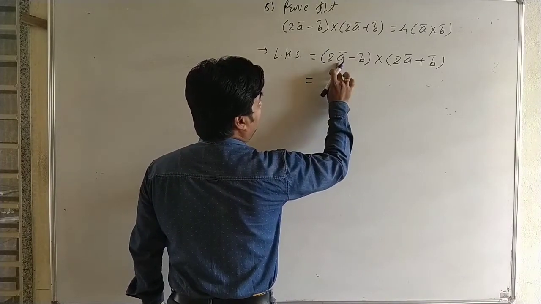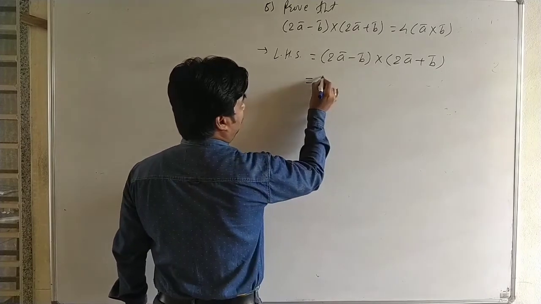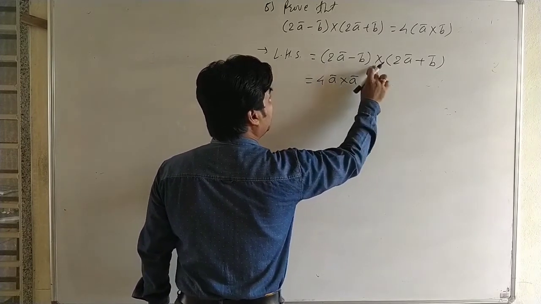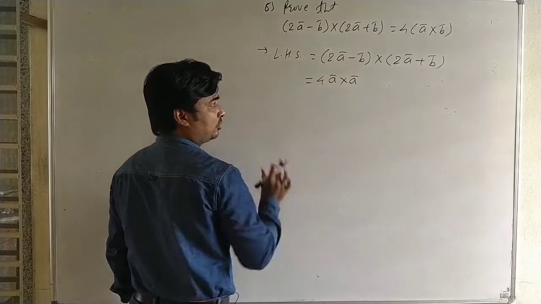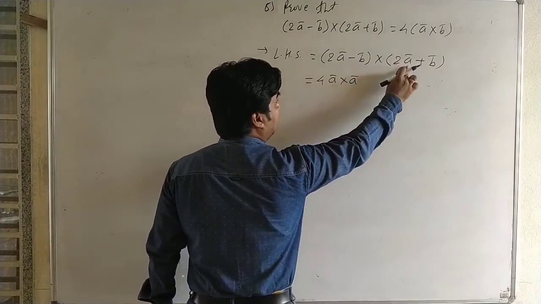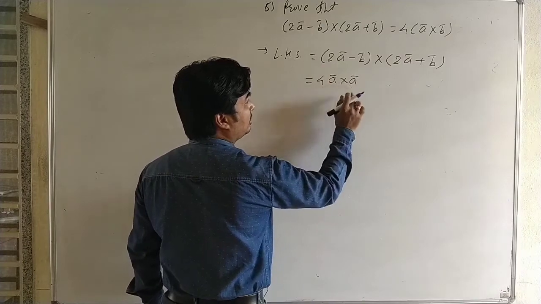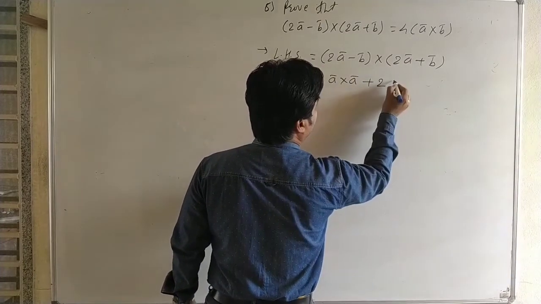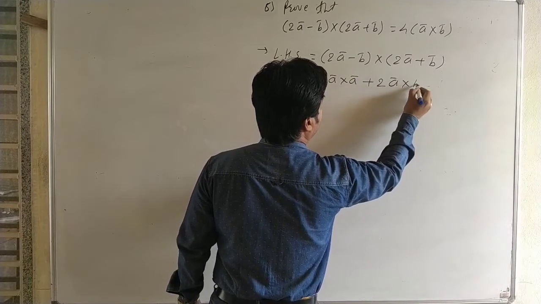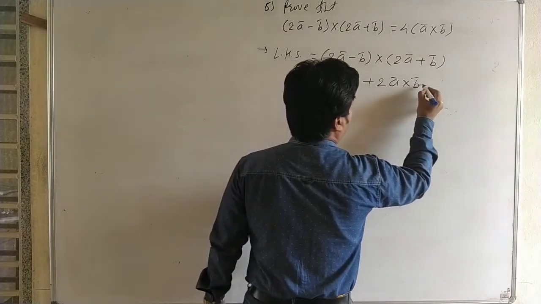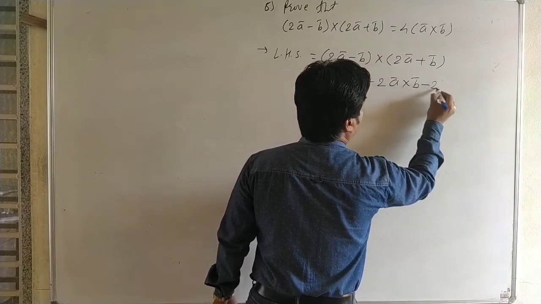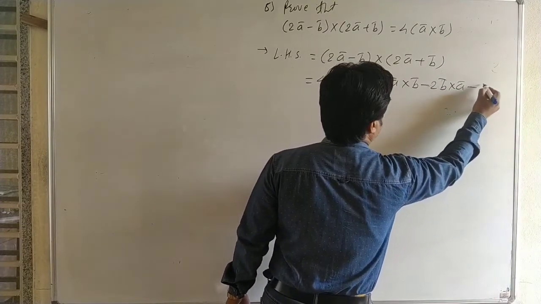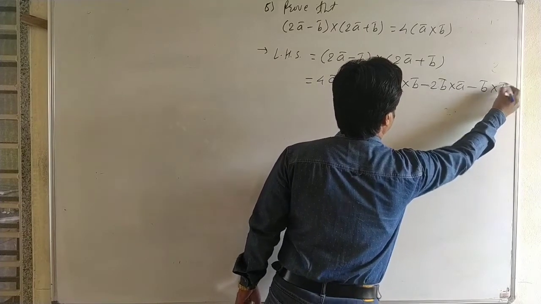Therefore 2a bar multiply 2a bar is 4a bar cross a bar. It is 2 into 2, the scalars, therefore 4, but a and a are vectors, therefore you can write a cross a. Then plus 2 a bar cross b bar, minus 2 b bar cross a bar, and minus b bar cross b bar.